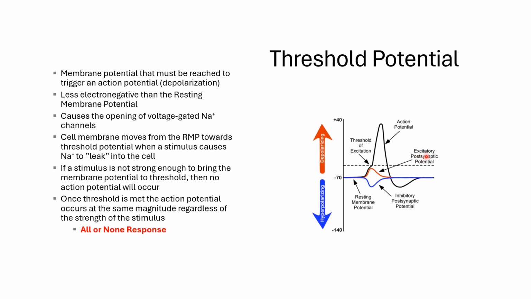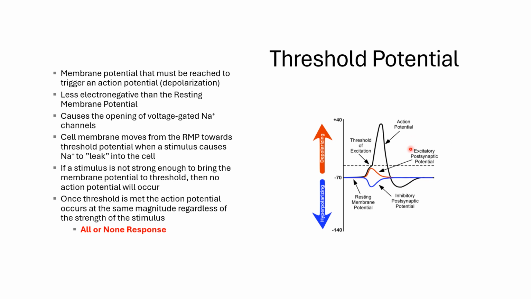An excitatory postsynaptic potential is one that brings you closer to threshold, closer to the point of actually forming an action potential. An inhibitory postsynaptic potential is one that brings you further from threshold and actually makes the inside more negative. So if you have an inhibitory postsynaptic potential, you are unlikely to form an action potential. In other words, you are unlikely to send that signal.